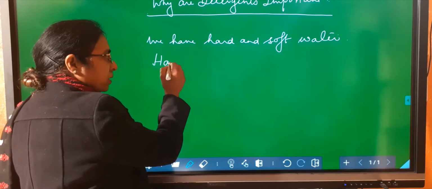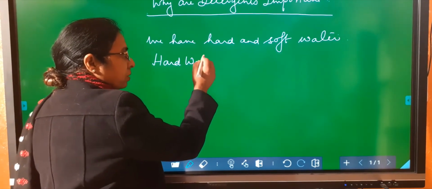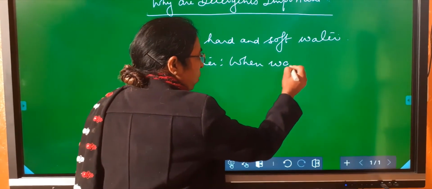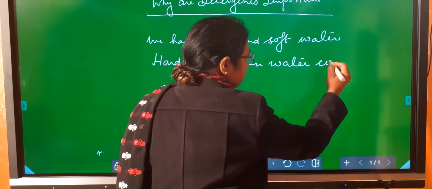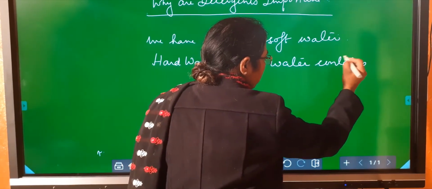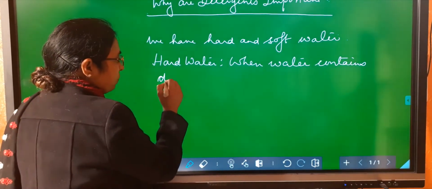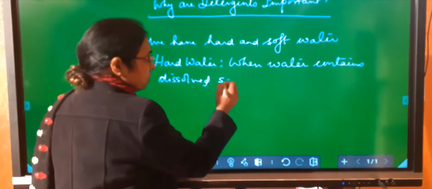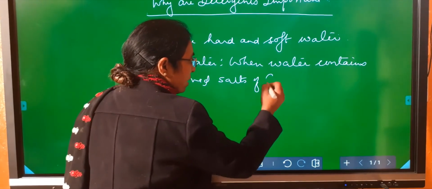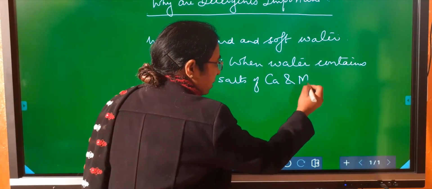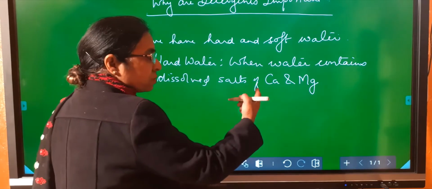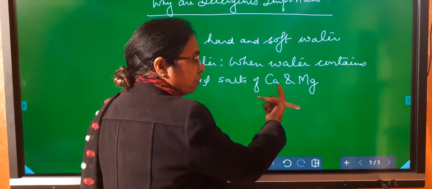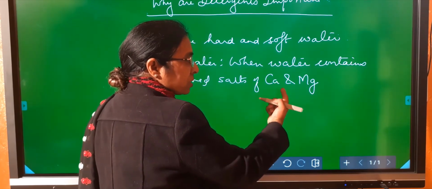Hard water, what is it? Hard water is when water contains dissolved salts of calcium and magnesium. These salts will have some anion, calcium chloride, calcium carbonate, something will be there.